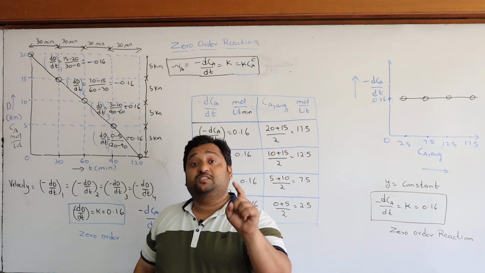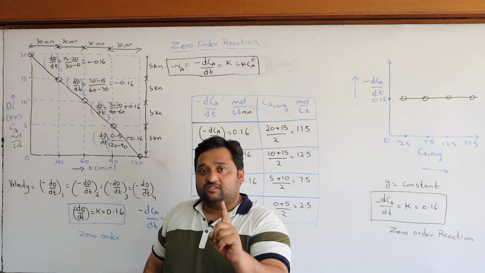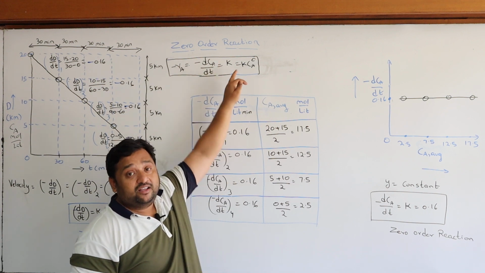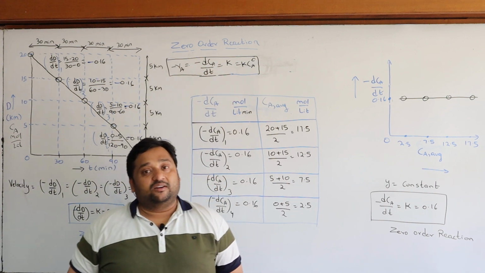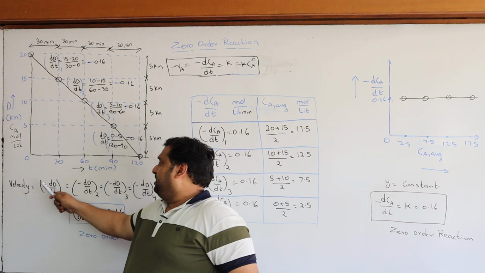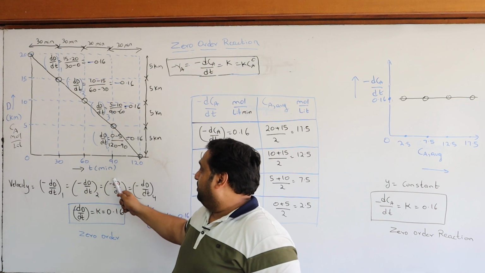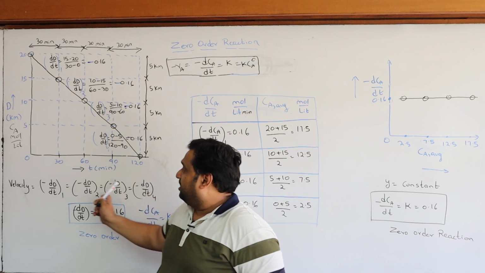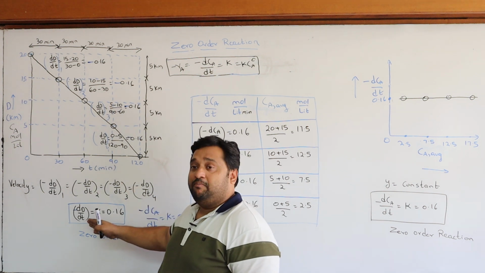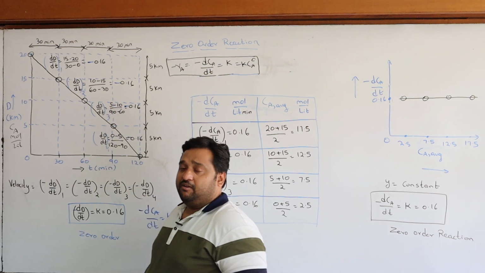If the speed is constant, then dCA by dt is equal to a constant. This is called a zero order reaction. That is why the velocity dCA by dt1, dCA by dt2, dCA by dt3, everywhere the speed is 0.16. So you can apply this analogy: that is the zero order reaction.